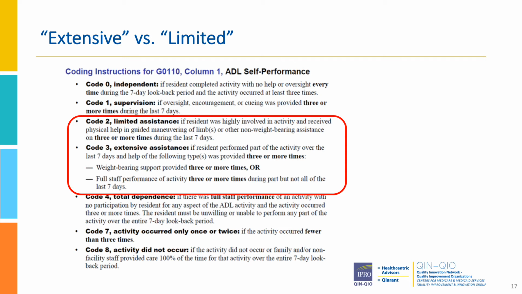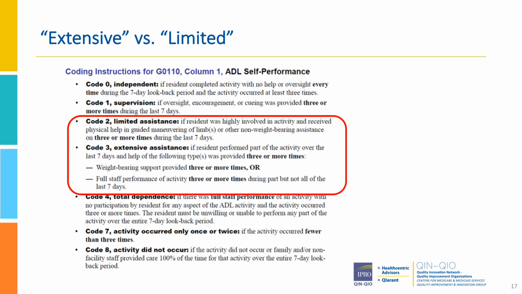You will see that I've circled the RAI guidance for both limited and extensive assistance. This is where I believe things really get confusing, specifically the MDS definition of limited and extensive, extensive involving weight-bearing support, and limited involving non-weight-bearing support or guided maneuvering.